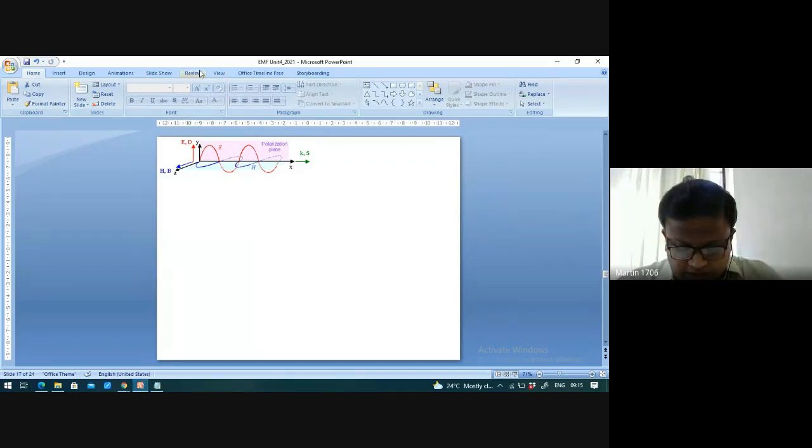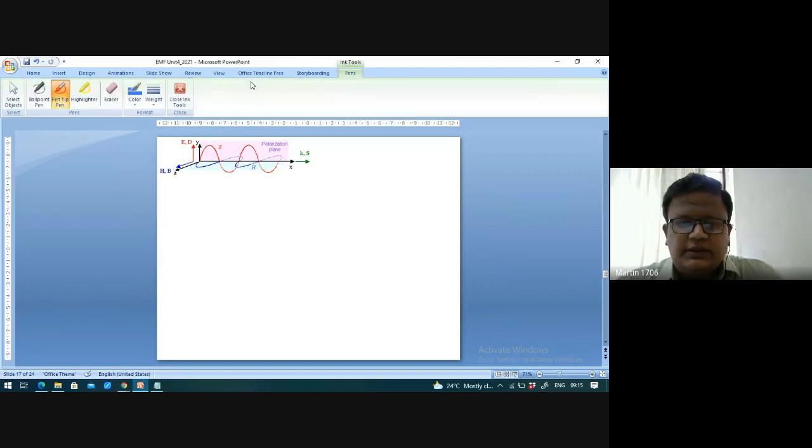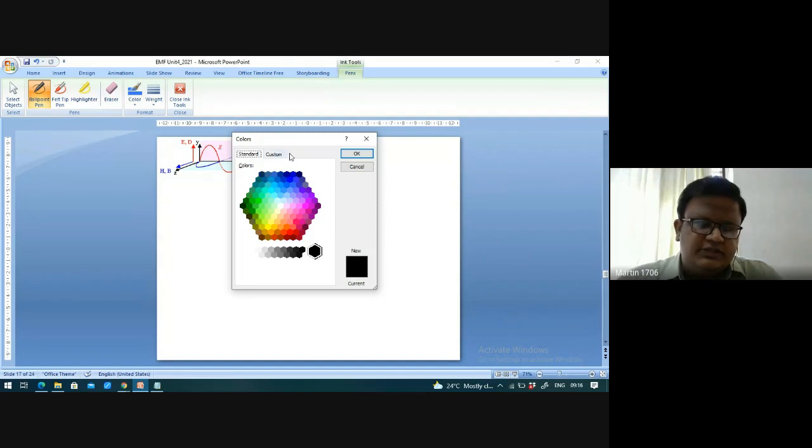Then, what is the purpose of finding this pointing vector? In this slide, I have mentioned that the wave is propagating in free space, in a medium.